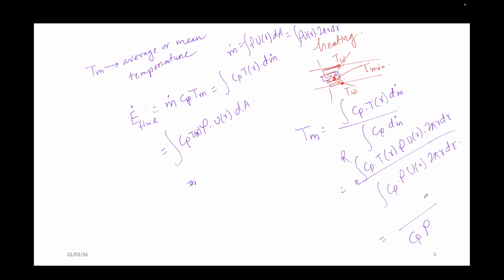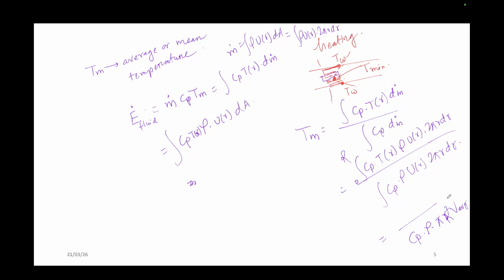You will get the Cp into dm, and this dm you can also write as rho into area, which would be pi r square, into u average.